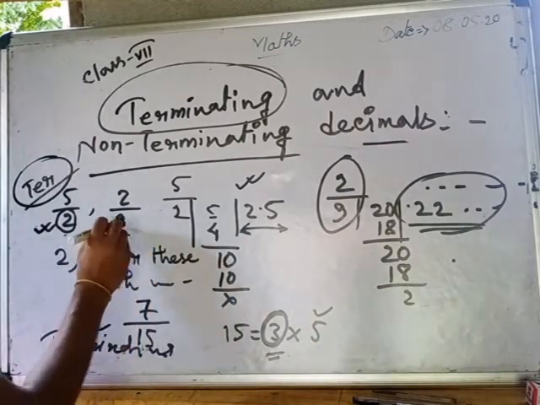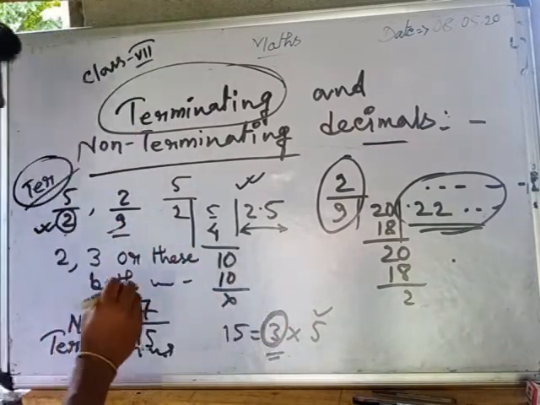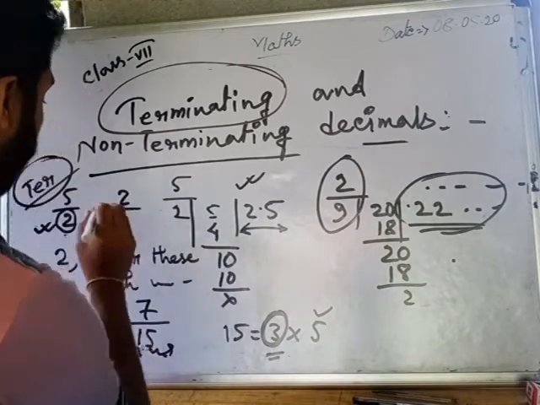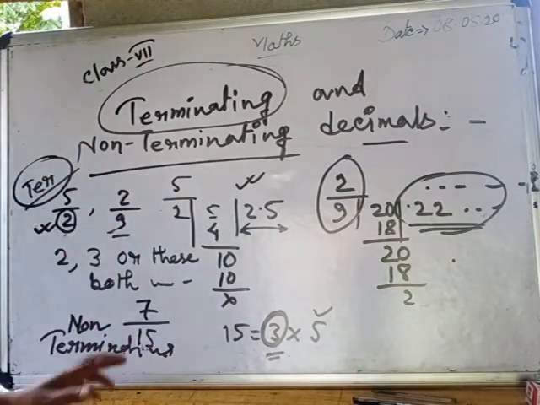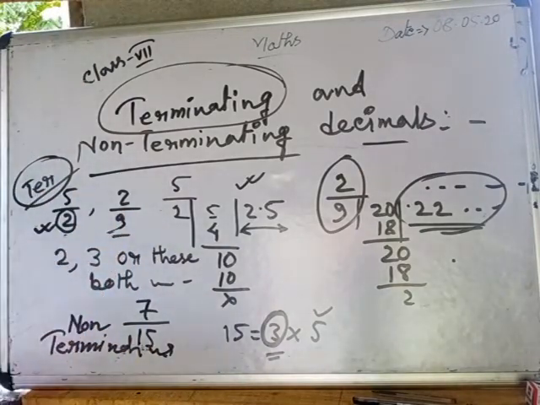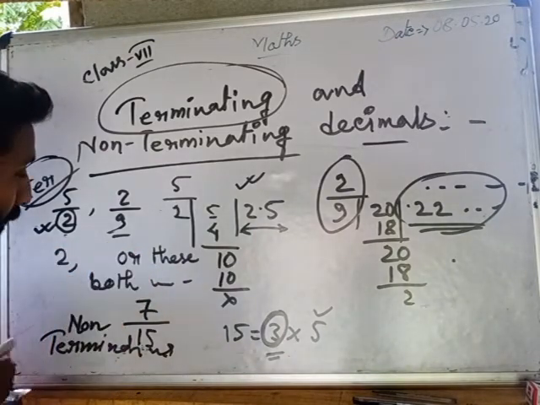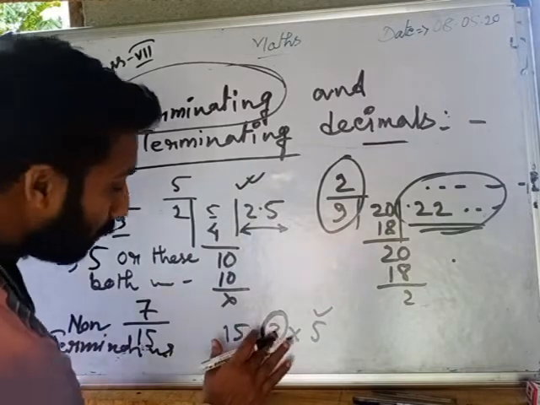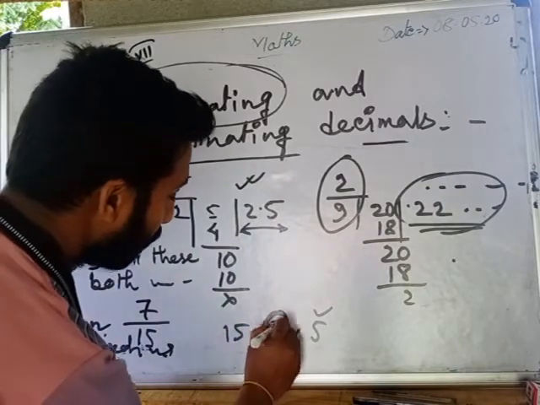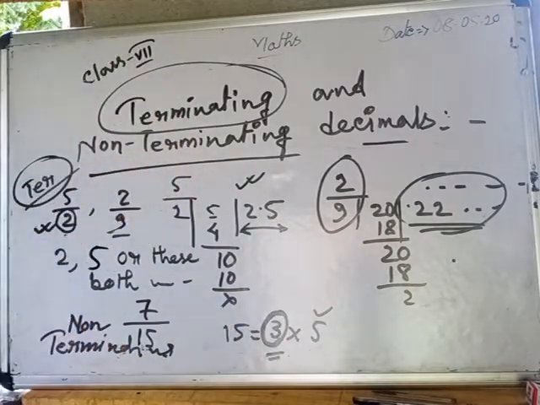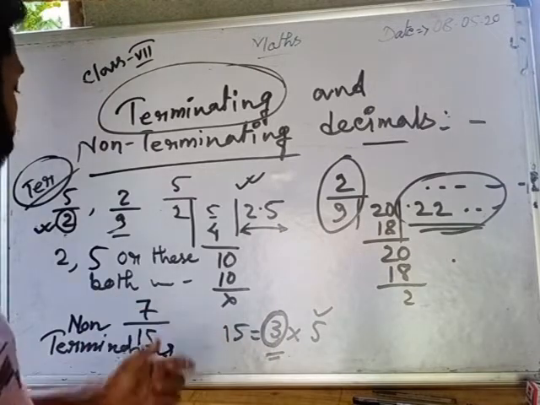Suppose it is 9, that means 3 and 3. Sorry, it is 2 or 5, not 3. Yes, it is 3, that's why it is a non-terminating fraction.